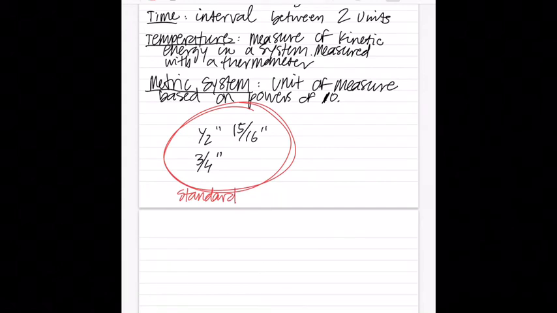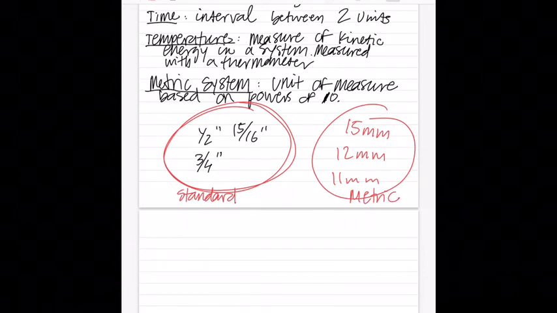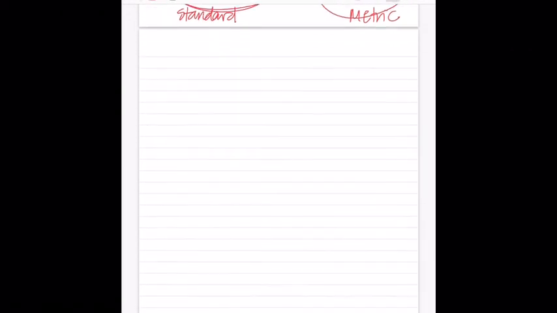Instead, we have things called 15 millimeter, 12 millimeter, 11 millimeter. These tools use the metric system. They're based on powers of 10. They're whole numbers, so much easier. Science people knew this, so we're going to use a metric system because it's easier. Anyway, that's the example for that.